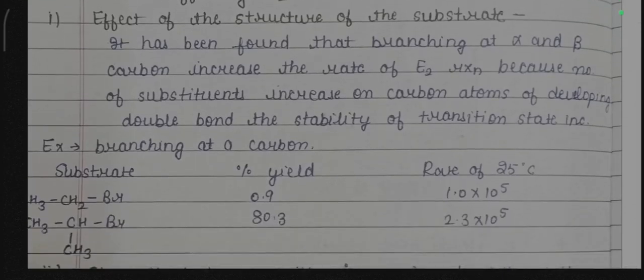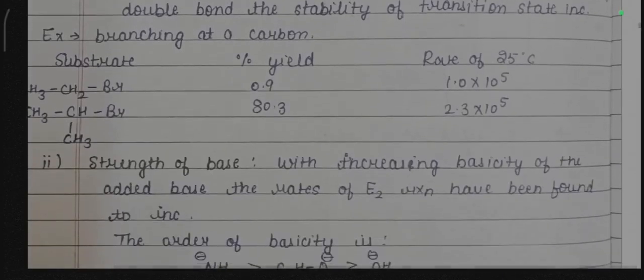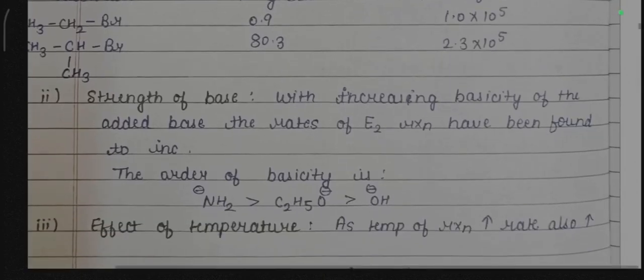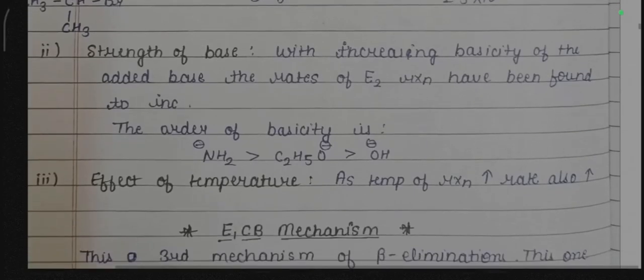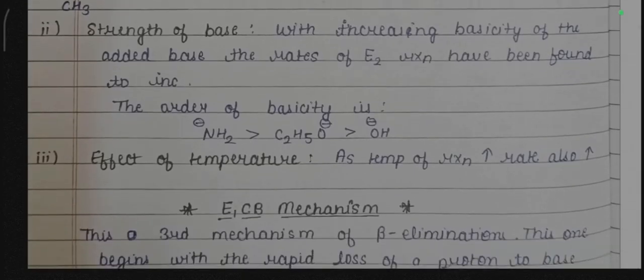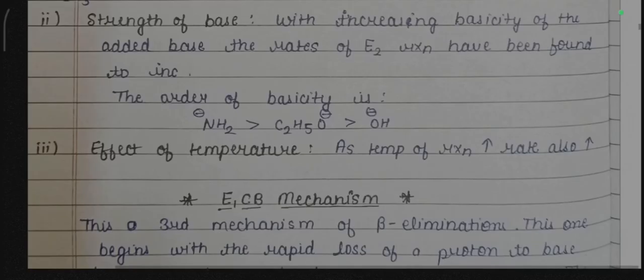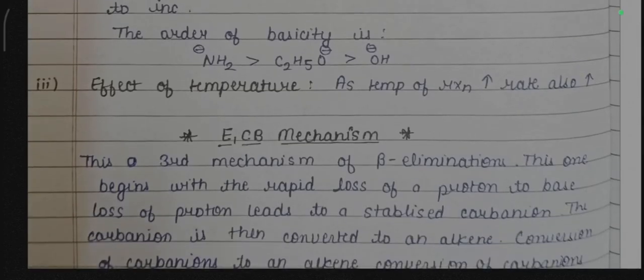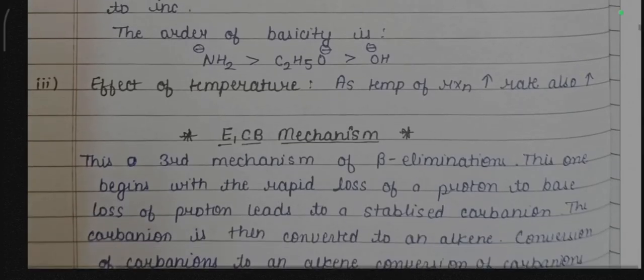Example: branching at alpha carbon. Strength of base: with increasing basicity of the added base, the rates of E2 reaction have been found to increase. The order of basicity is NH2- greater than C2H5O- greater than OH-. Effect of temperature: as the temperature of reaction increases, the rate also increases.